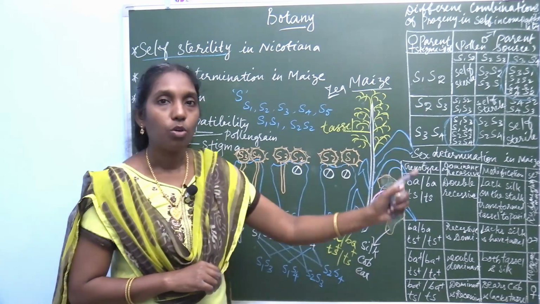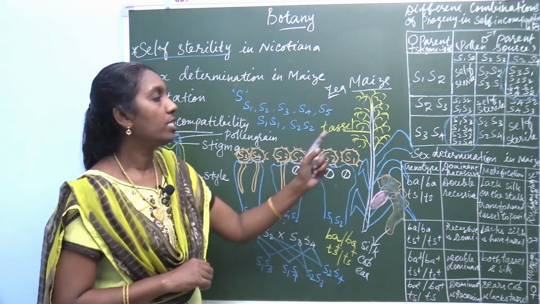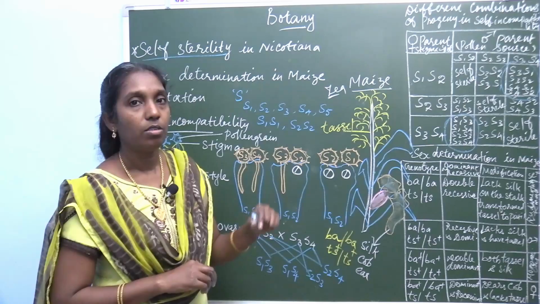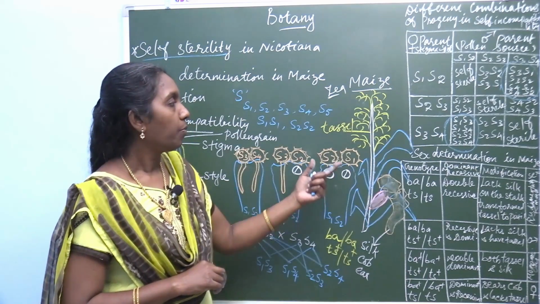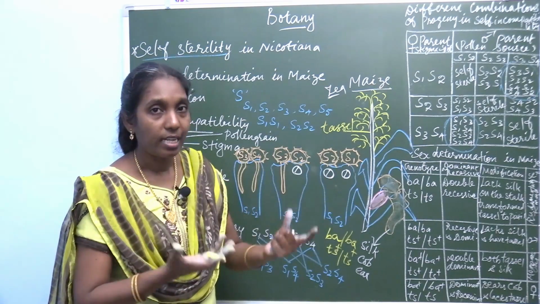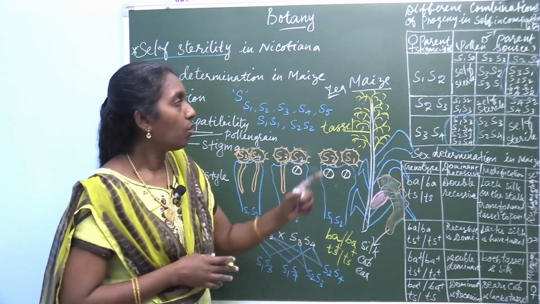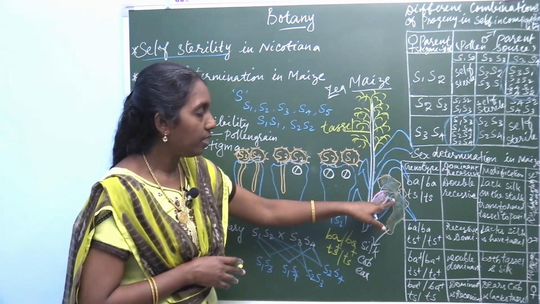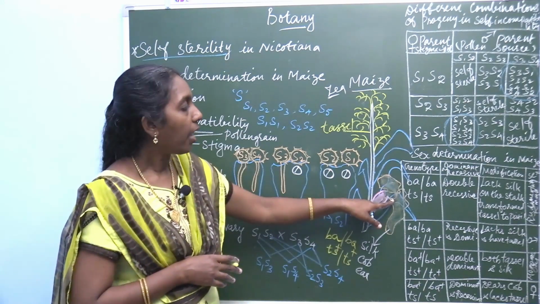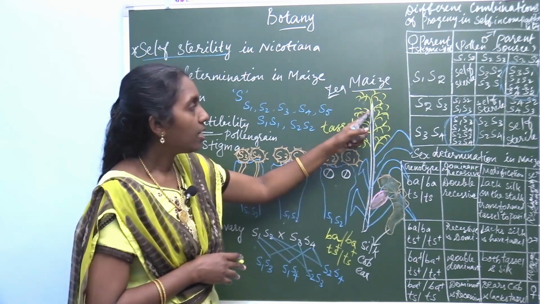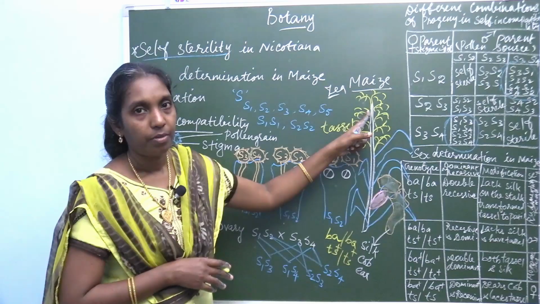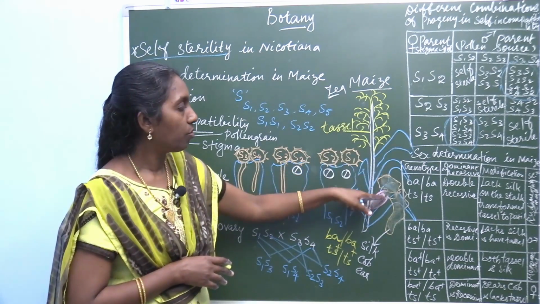What are the different combinations and how is the sex determined? The unisexuality is determined by the abortion of the stamens in the silk and the pistil in the tassel. See here, it is unisexual flowers.